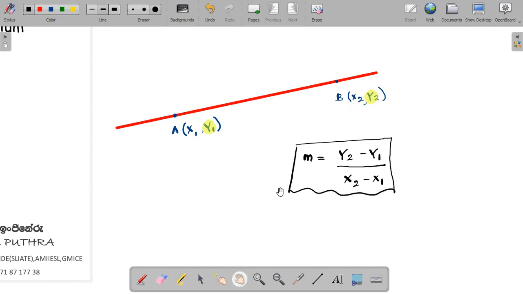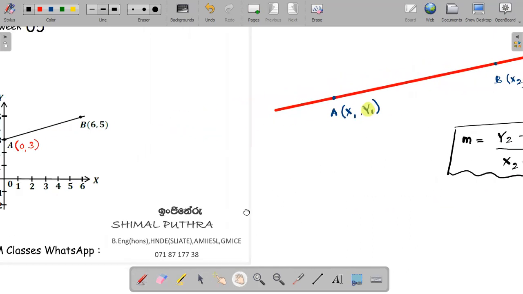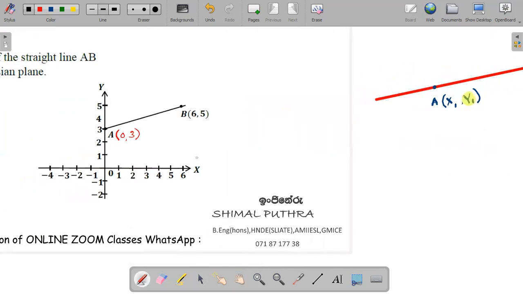I told you normally the gradient is m. We normally call this kind of equation y is equal to mx plus c. This m is the gradient, that's what we are going to find. Then you may think, what is c? I will explain that in another video. Now I will discuss only the gradient, that is m.